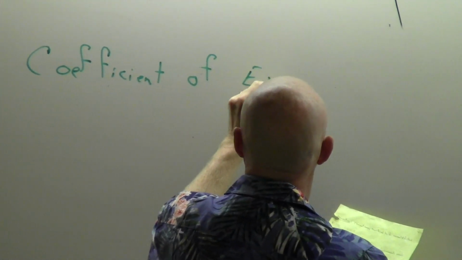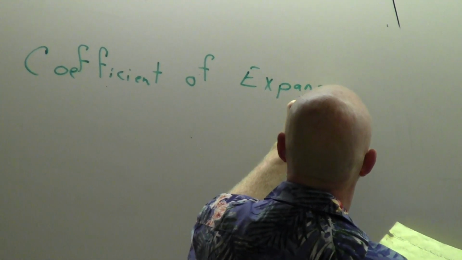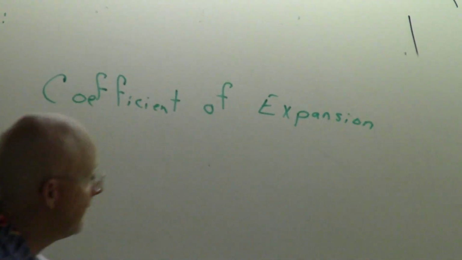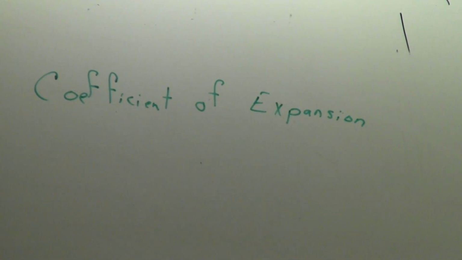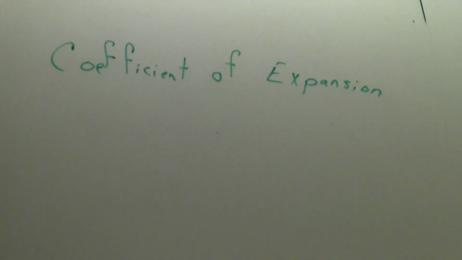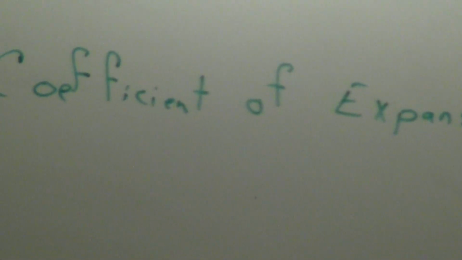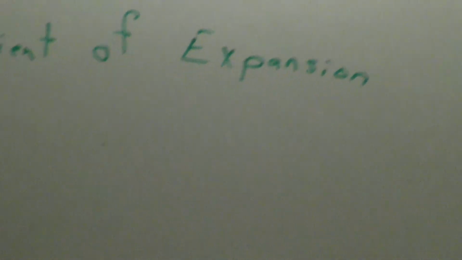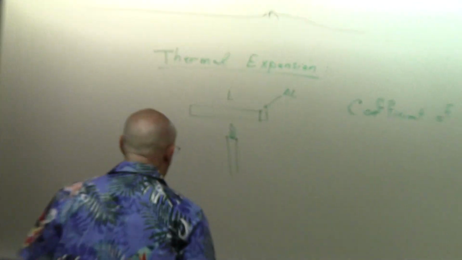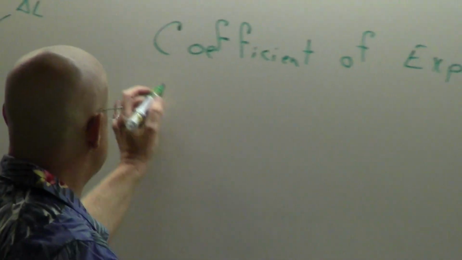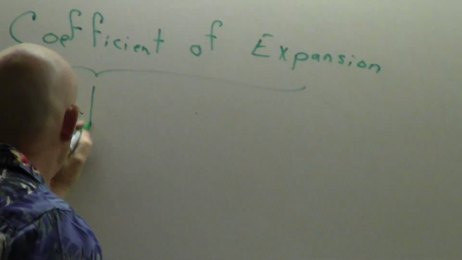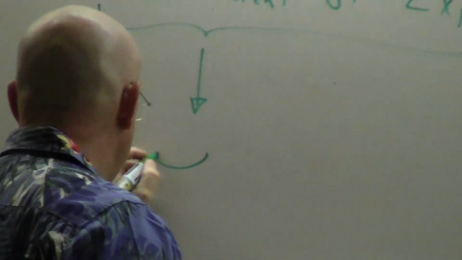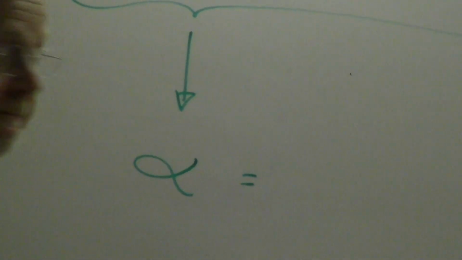The coefficient of expansion is really a number that says how much 1 meter of that material grows when you warm it up 1 degree. The symbol that we like to use for the coefficient of expansion is alpha.